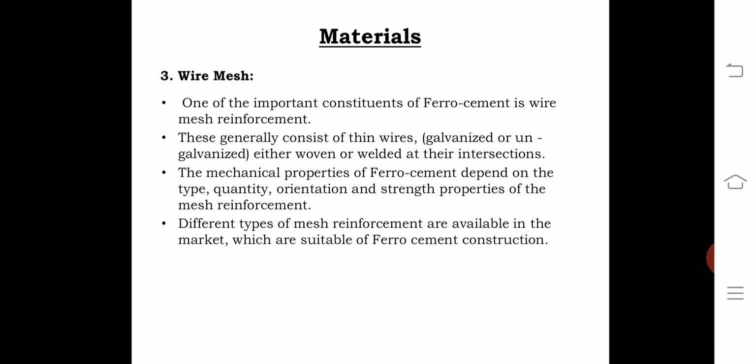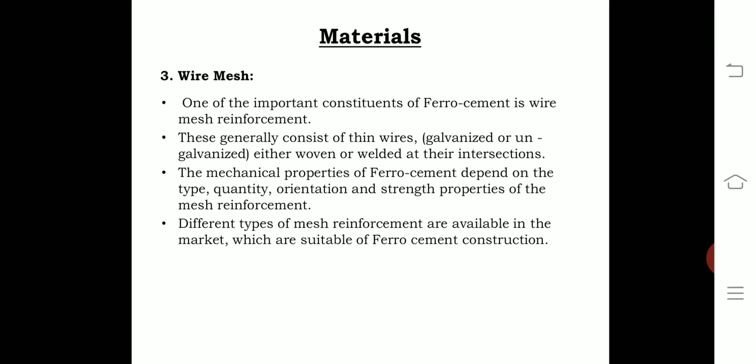One of the important constituents of ferrocement is the wire mesh reinforcement. These generally consist of thin wires, galvanized or ungalvanized, either woven or welded at their intersection. But the mechanical properties of ferrocement depend on the type, quantity, orientation, and strength properties of the mesh reinforcement.